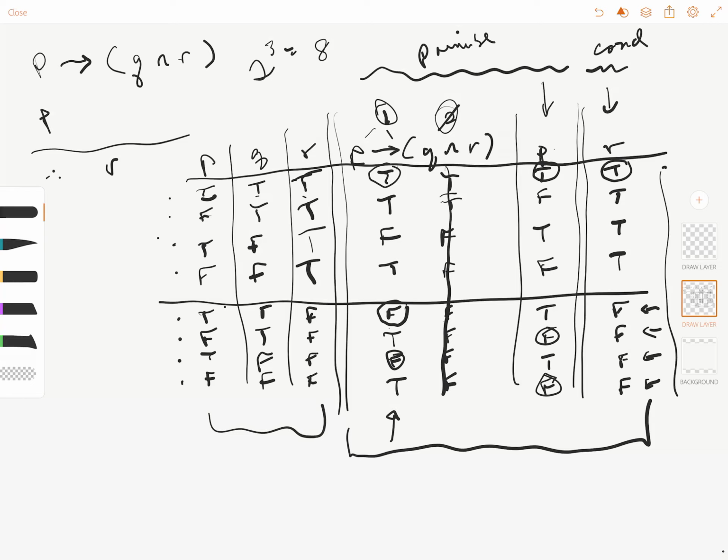So now, think about this. Since these inputs are all the inputs that could possibly be given to these three propositions, this means that it's impossible, meaning there is no situation in which the premises could ever be true and the conclusion false for this argument. And so, since it's impossible, we could say that this argument is valid, except not quite so fast.